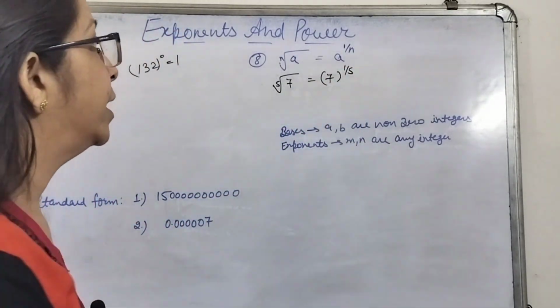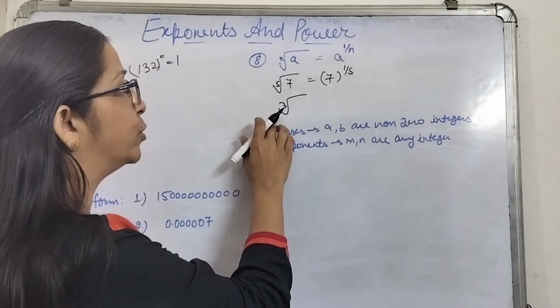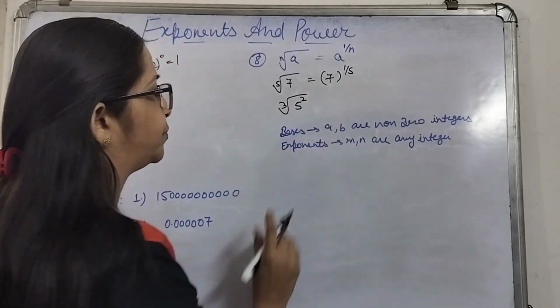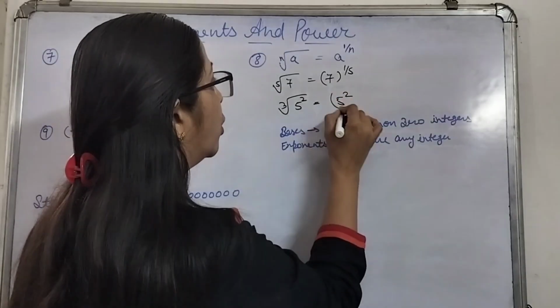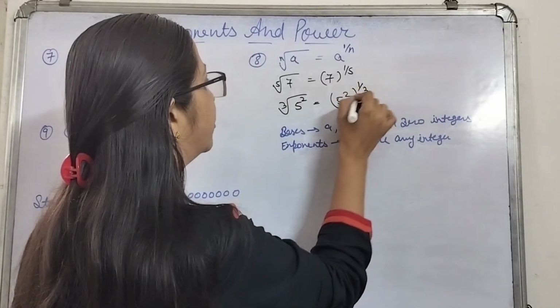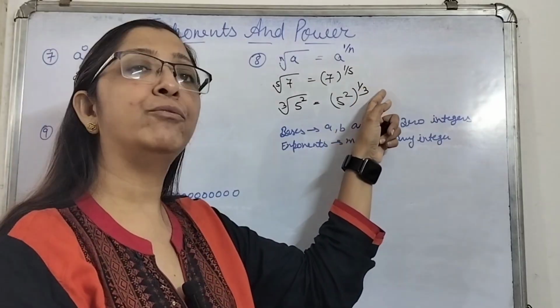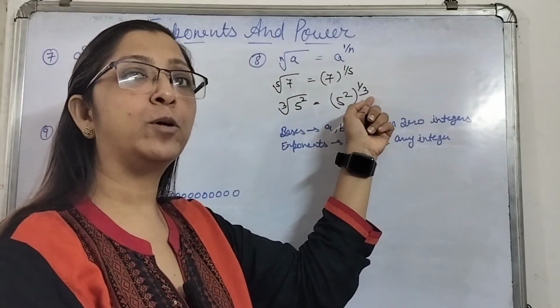If I say the third root or the cube root of 5 raised to the power 2, it will be 5 raised to the power 2 whole raised to the power 1 upon 3, because cube root means the power is 1 upon 3.